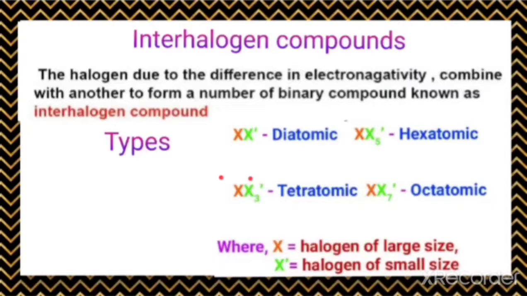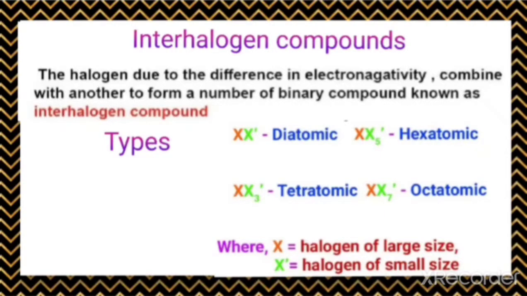XX dash 5 has a total of 6 atoms involved. XX dash 7 has a total of 8 atoms involved. So these are the 4 types of interhalogen compounds.